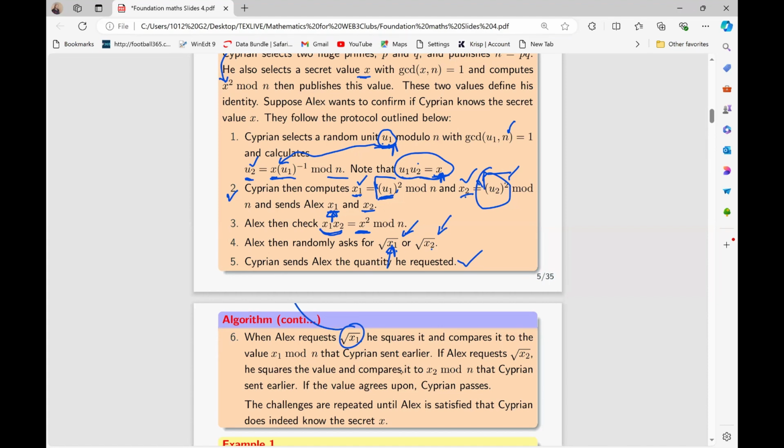Now, if he asks for the square root of x2 and is sent it by Cyprian, again, to verify, he squares it and compares with what he has.